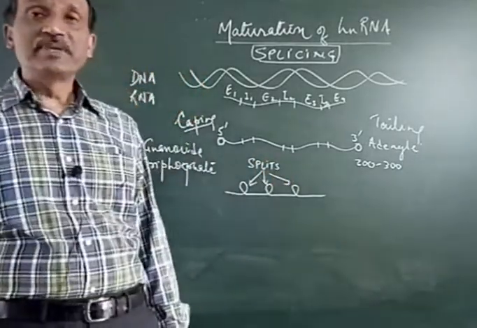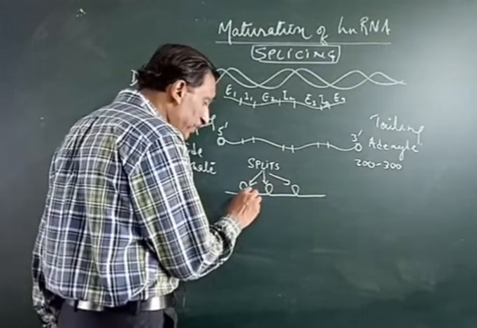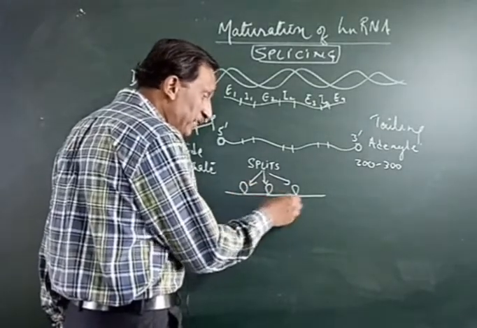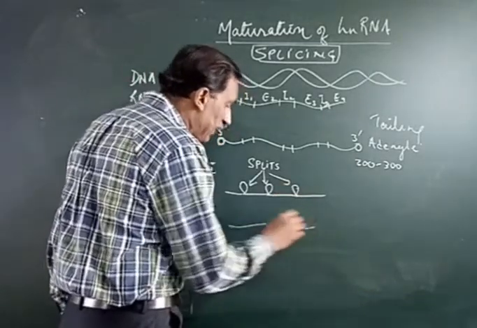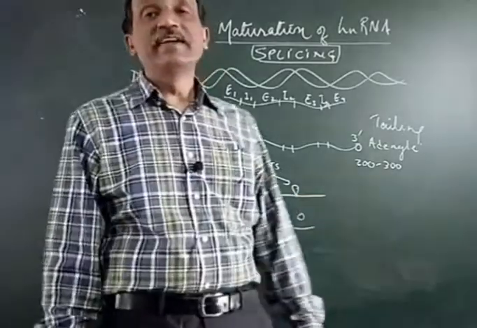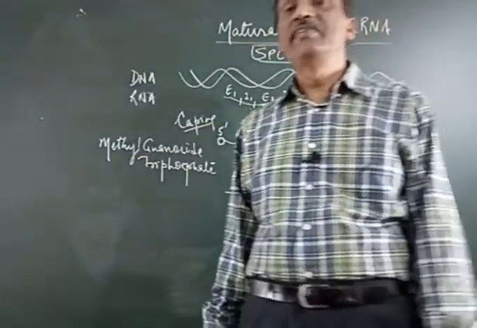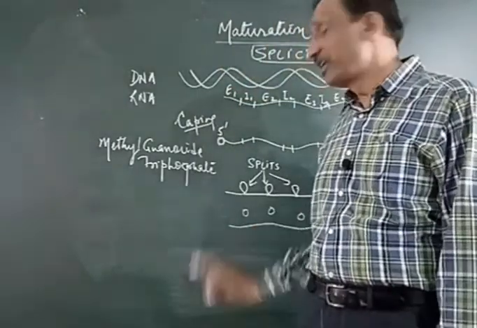So there will be some loops, and then finally what will happen? They will come together, and the loops will be removed. And these are the loops. They will be removed, and our immature RNA will change into mature RNA, and now it can undergo translation.